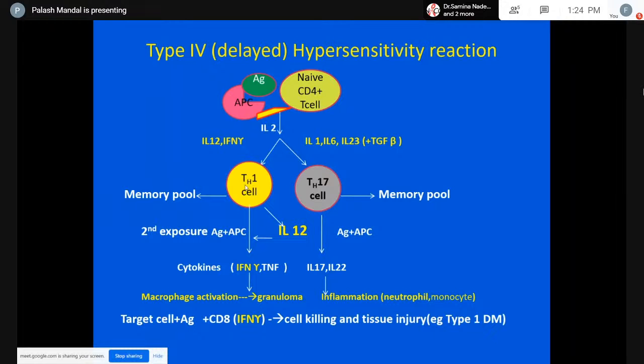Fine. Now, of this number of cells, some go to the memory pool. As long as those cells are alive, they will remember that this antigen came to our body. Why do they need this recognition?